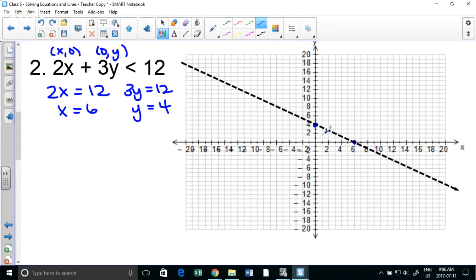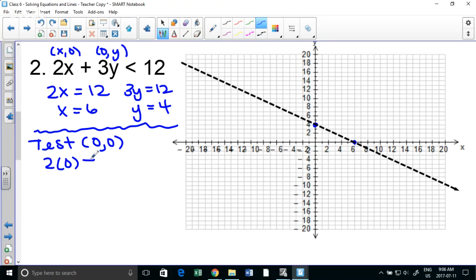regions. It doesn't pass through 0, 0, so I'm going to test 0, 0. You can test whatever you want, the same thing applies, but 0, 0 makes my life easy. 2 times 0 plus 3 times 0, is this less than 12?